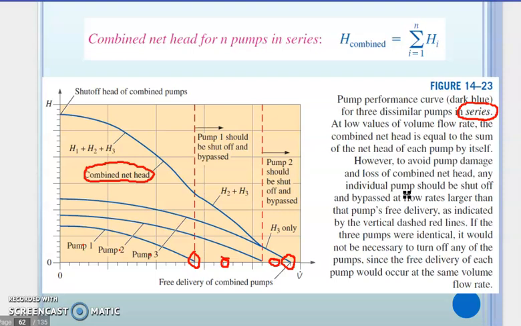For example, let's say the three similar pumps each have a head of 10 meters. Combining pump number 1, pump number 2, and pump number 3 becomes 30 meters. But the Q is going to be the same because the free delivery of those pumps is the same. No need to shut off.